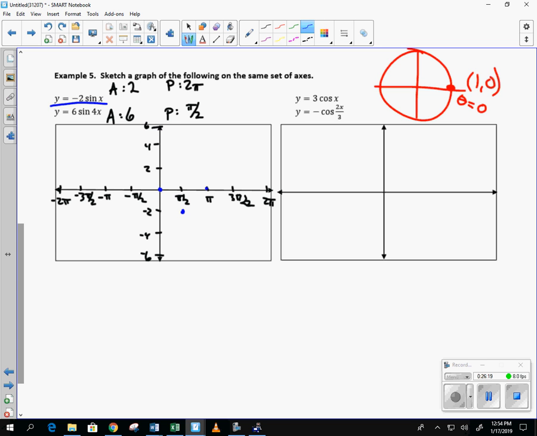It will work its way back up. By request, I will slowly make my graph. Cool.